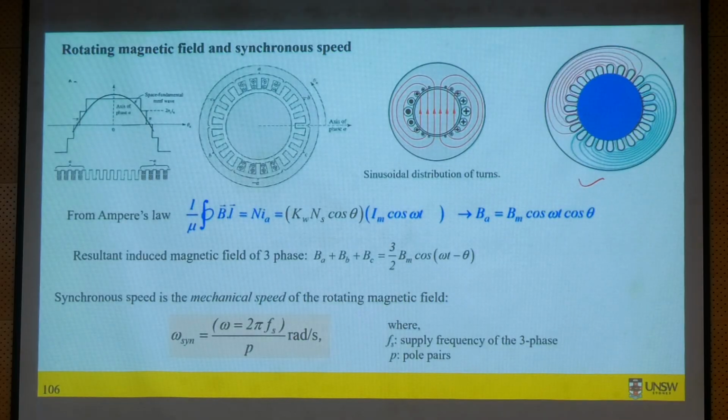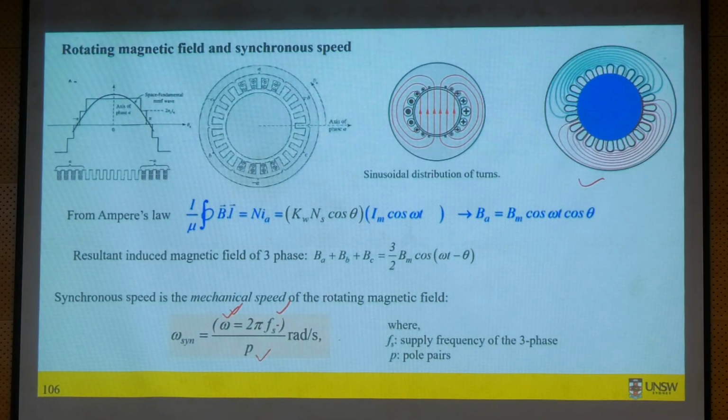Okay? And you will get this rotating magnetic field. This rotating magnetic field rotates at the synchronous speed, as we all know, perhaps. And the synchronous speed is related to the frequency and pole pairs. Okay, this is a mechanical speed. Mechanical synchronous speed. And if we use the electrical angular speed omega, this is your electrical speed.